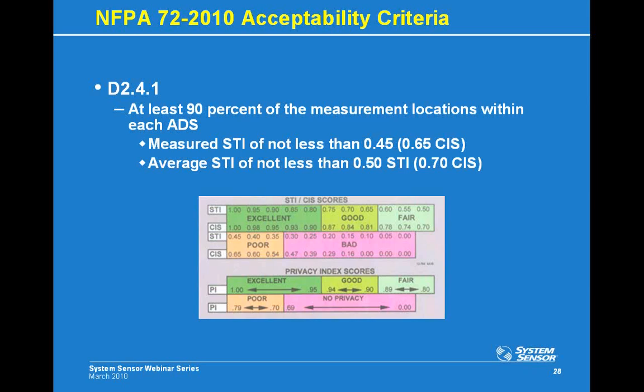So this is on the low range, and this is your minimum score that you must meet. And then on average, you're supposed to meet an STI score of 0.5, and this is also falling into just the fair range. So the score requirement levels were not set at an unreasonable level and should not require any excessive over-design of the system in order to meet these intelligibility scores.